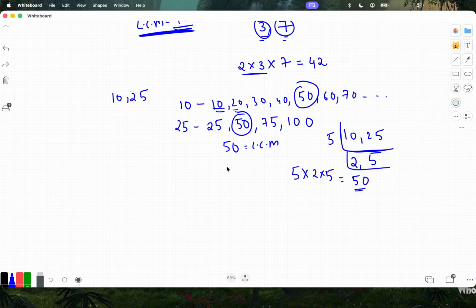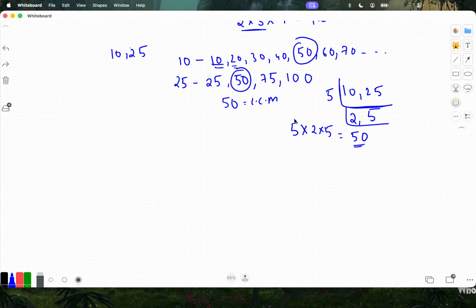Now this method might become a little bit different when we have three numbers. Say I'll take 2 comma 7 comma 10. What are the multiples of 2? 2, 4, 6, 8, 10, 12, and so on.